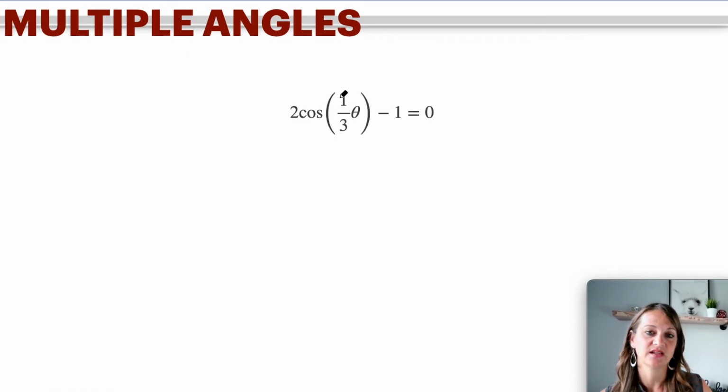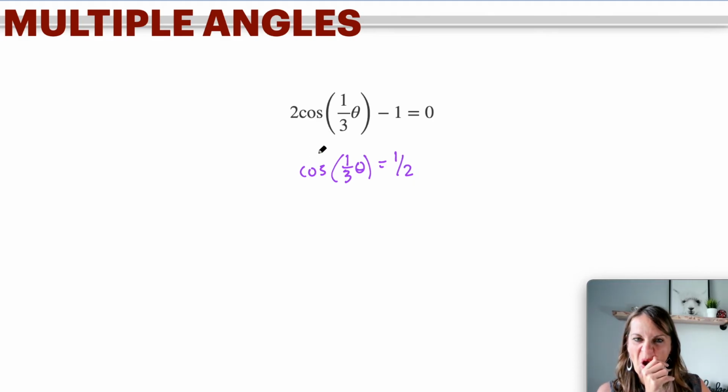So in this case, to solve, I first need to go ahead and get this cosine of 1/3 theta by itself. So I'm going to add 1 and divide by 2. So cosine of 1/3 theta equals 1/2. So first, on the unit circle, where is cosine equal to 1/2? And that happens at pi over 3, and that happens at 5 pi over 3.